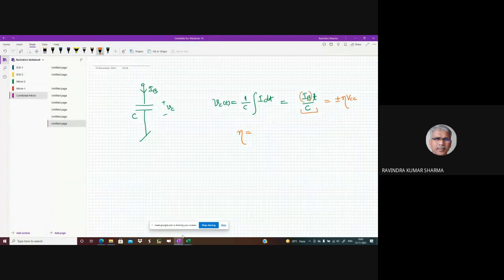Eta will be R1 divided by R1 plus R2. So this is known, right? VCC is known. And therefore eta VCC will be this. तो eta VCC की न्यूमेरिकल वैल्यू पता हो गई. आपको IB पता है, आपको C पता है. अब ये बड़े आराम से पता कर सकते हो कितने टाइम में ये eta VCC पहुंचेगा.